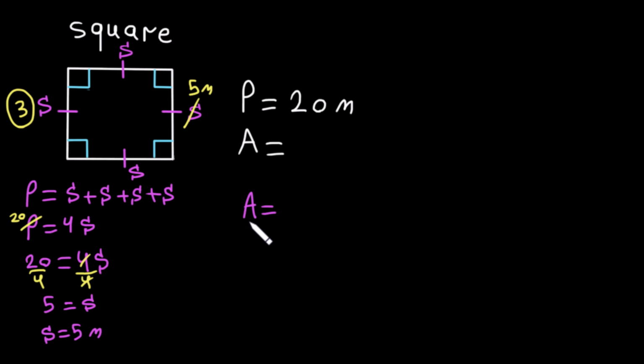The area formula for the square is A equals s squared. S is 5, so 5 squared means 5 multiplied by itself. So 5 multiplied by 5 is 25 square meters. So we found the area, which is 25 square meters.